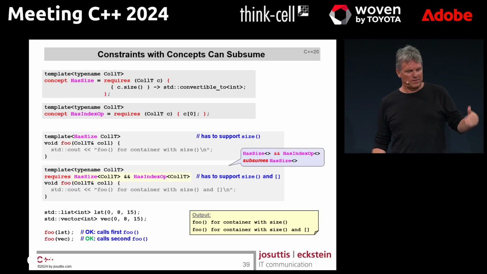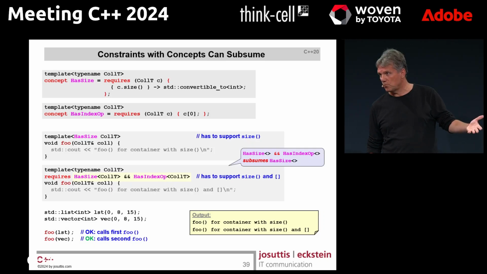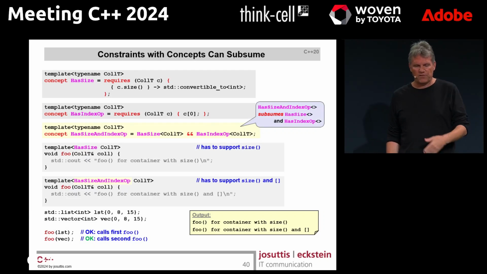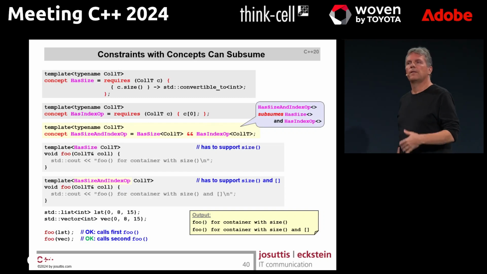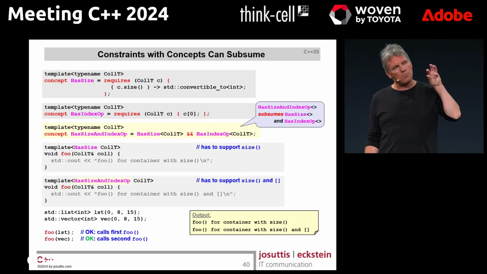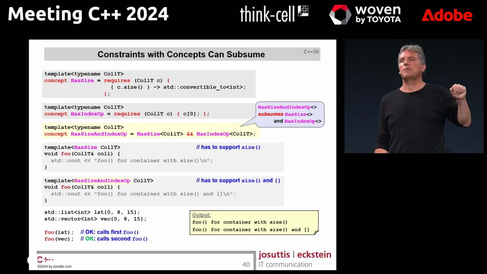Therefore, the second one is more special than the other, and it will be preferred if both foo could be called. But you could also do something like, I have a concept, has size and index operator, and if you have a foo for that, and a foo for has size, one is preferred over the other. So the second foo is more constrained than the first one, and doesn't create ambiguities.